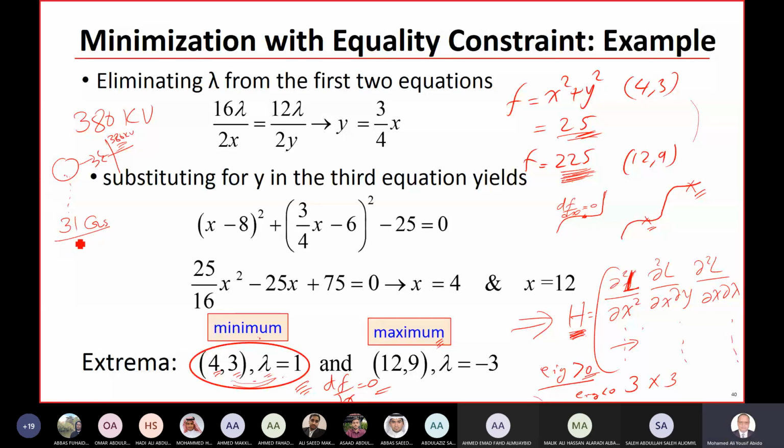Note that we discard all the generators connected to 115 or 230 kV.